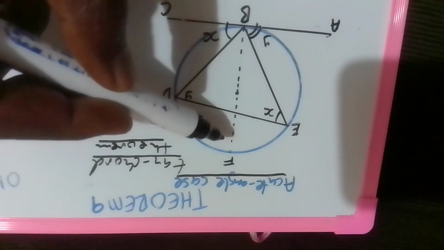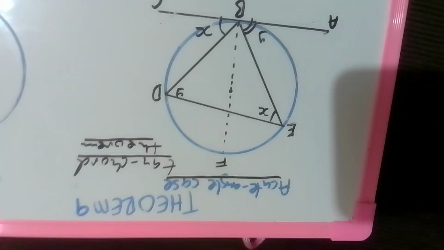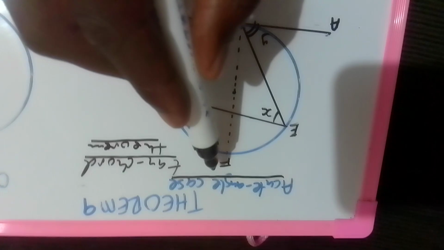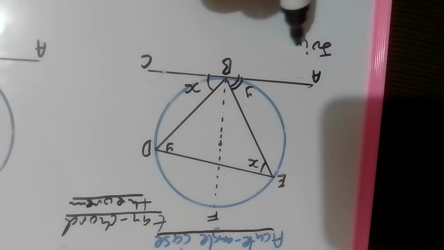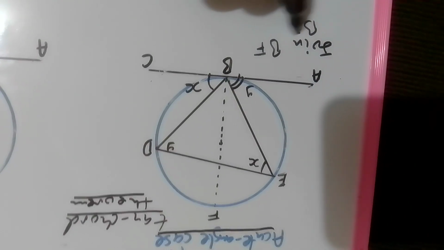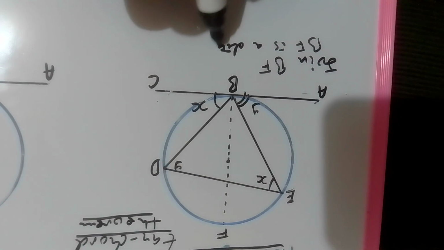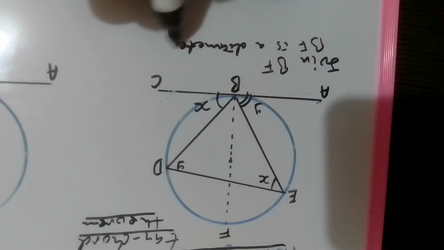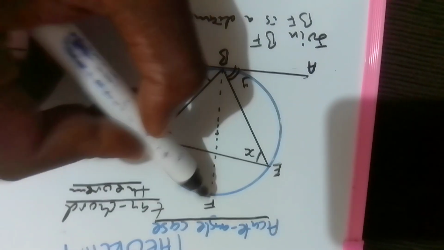I've got a diameter. So I have a diameter here, BF. Now I join BF, and BF is a diameter. Now I'm going to join point E with point F.